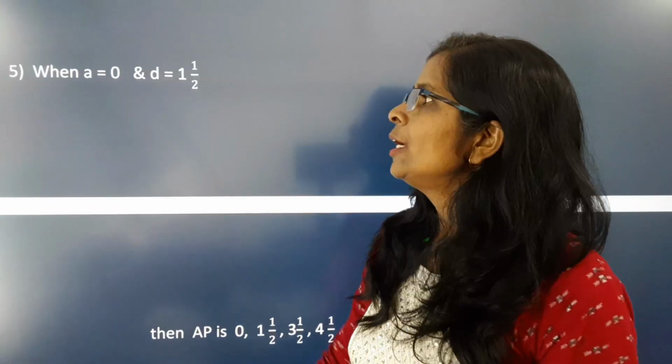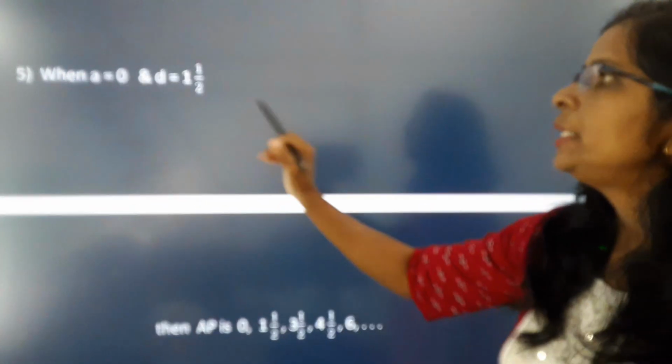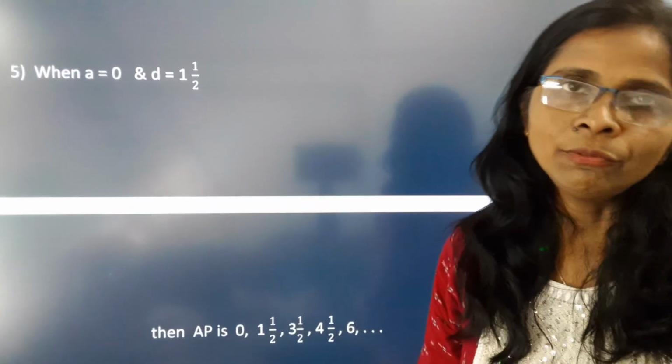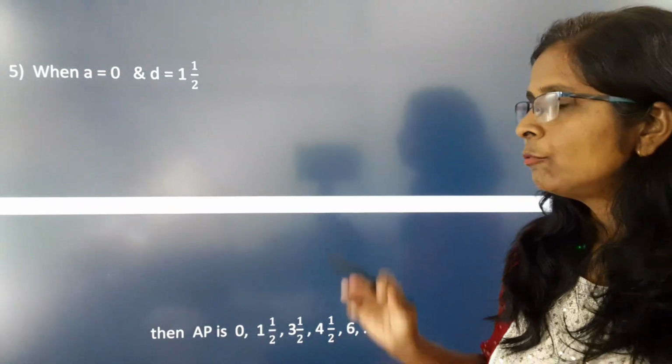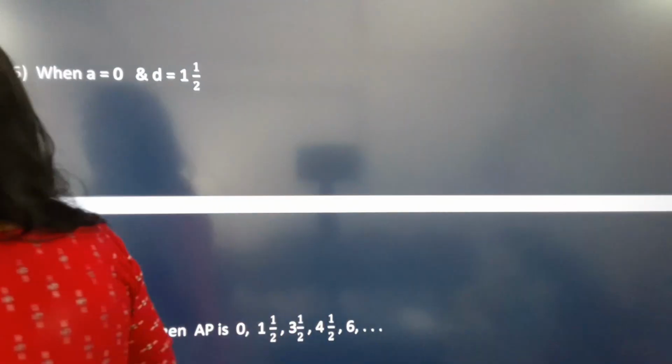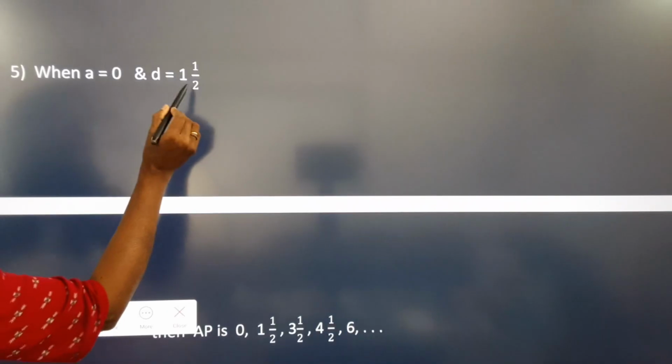Now here the fifth example, students, when A is equal to 0 and D is equal to 1 integer 1 upon 2. So form the AP here. So A is equal to 0, D is equal to 1 integer 1 upon 2.